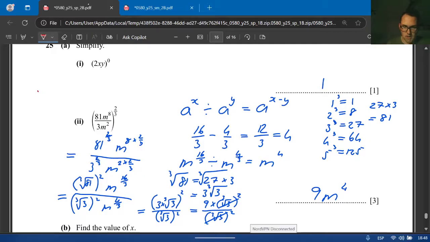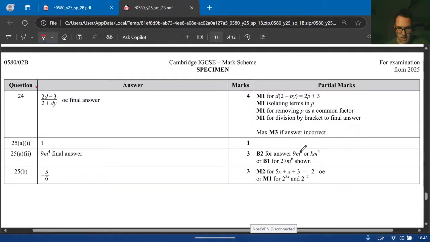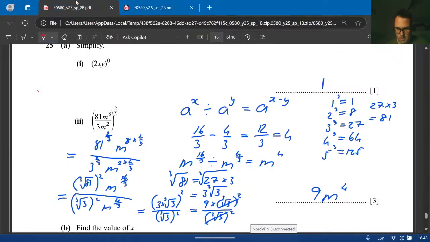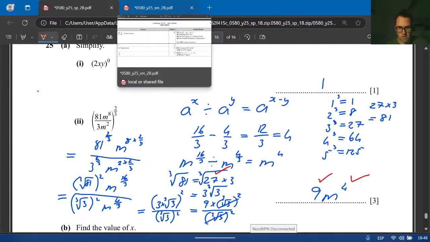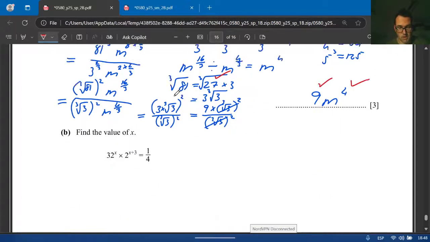It was a bit messy at times. Okay, let's see where the marks are. It's basically 1 mark for 9, 1 mark for 4, or you got 27. There's a 27, that's a mark. I'm going to have to go through this one again.